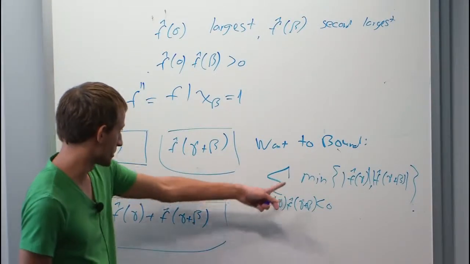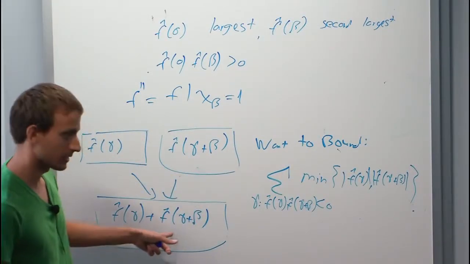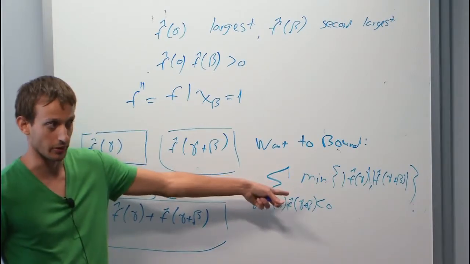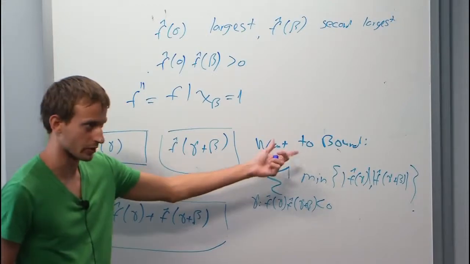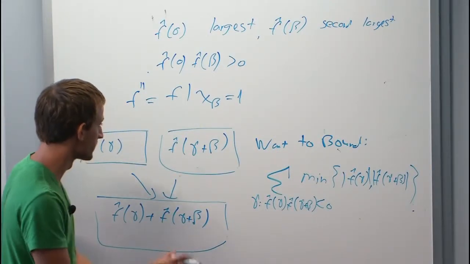Right, because if they have different signs and I add them together, then that's what I lose for every pair in the spectral norm. Up to a factor of 2, I may be counting each pair twice, but never mind.